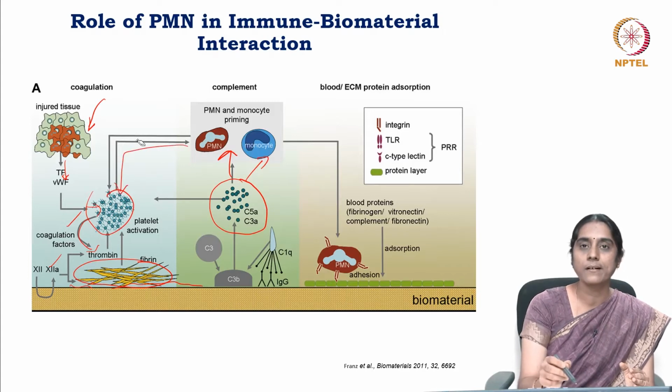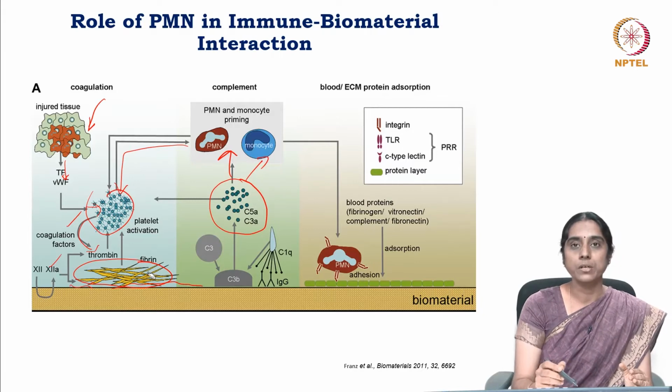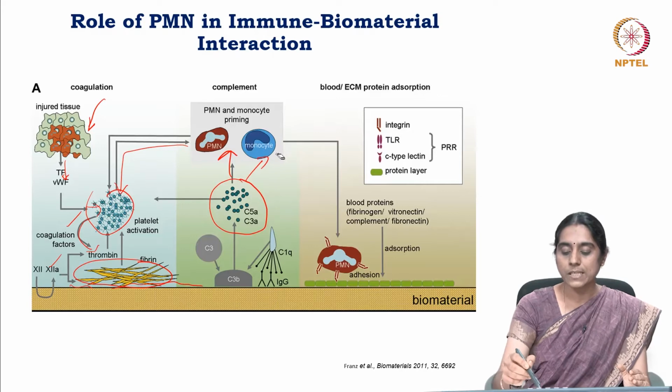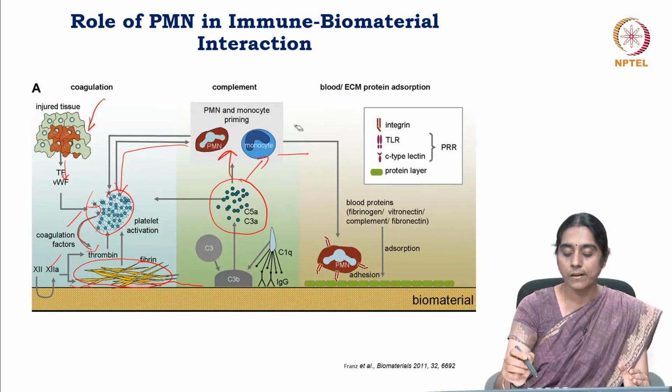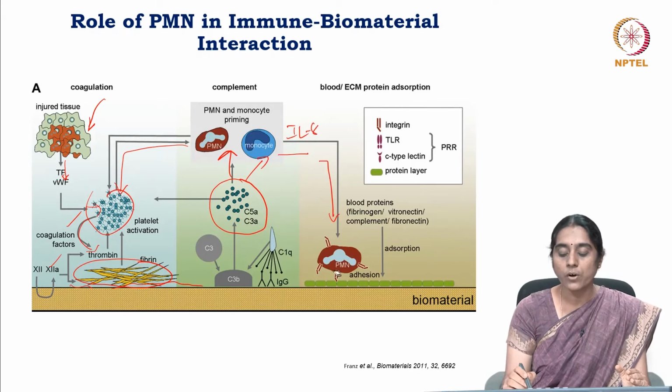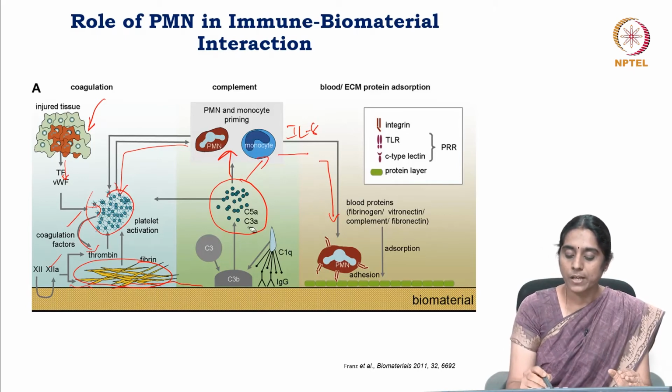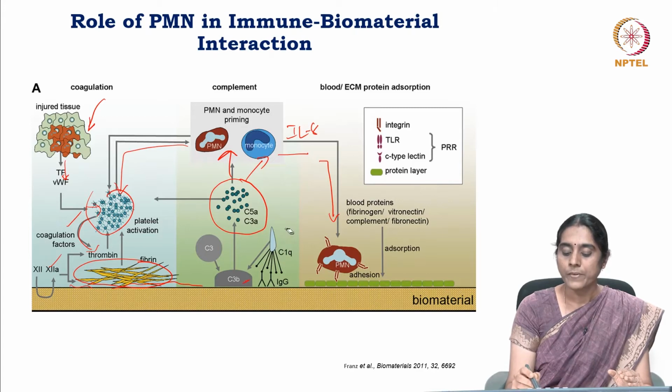So, this is like an amplification of the fibrin formation. And here if we see, the activated monocyte further releases certain factors like IL-8, which is going to cause recruitment of more neutrophils. Okay. So, here you see that there are also other proteins like the C3b complement protein and the complement protein C1q.